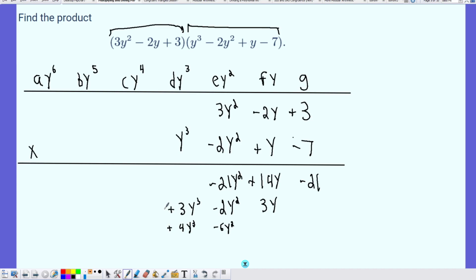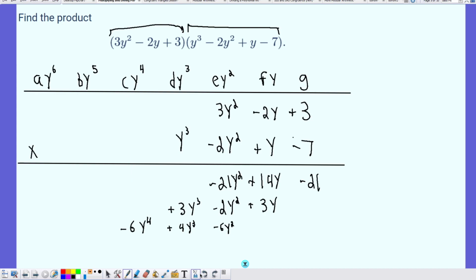Should put pluses. Now, negative 2y squared times 3y squared is negative 6y to the fourth power, which now goes under the column for the fourth power.